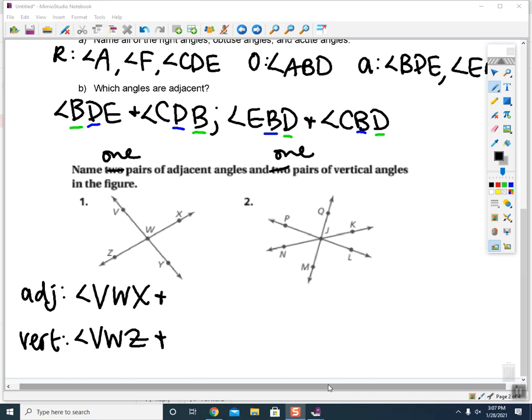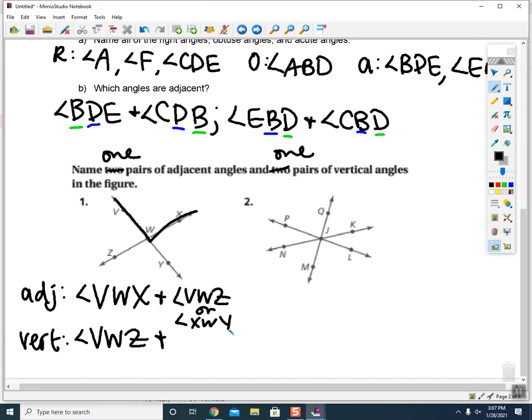Okay, so if you're looking at VWX, you had two options of adjacent angles. You could have written angle VWZ or angle XWY. Either one of those would be adjacent.